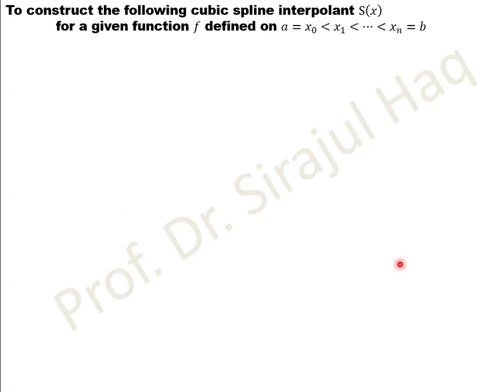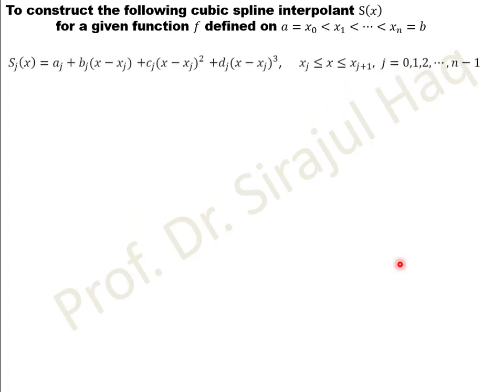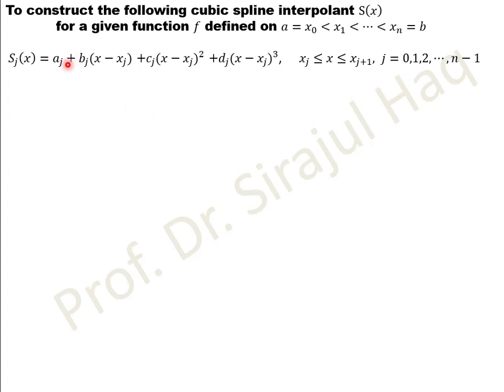The target is to construct the cubic splines S of x, which you already know. I will be presenting them here. These are the cubic splines when you have data points x0, f of x0, x1, f of x1, and finally xn, f of xn.